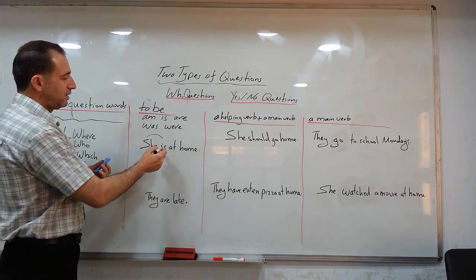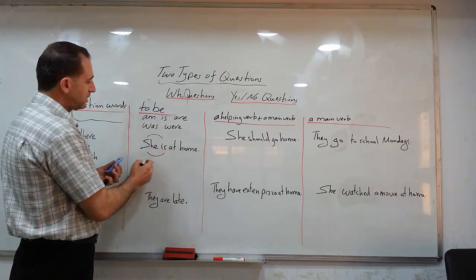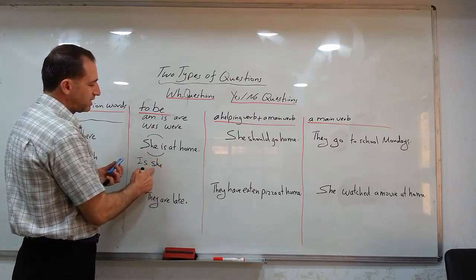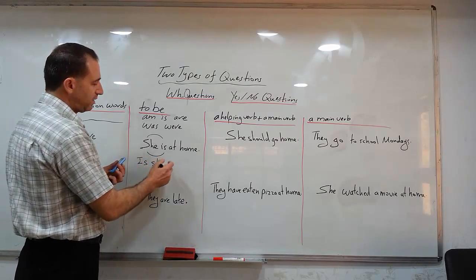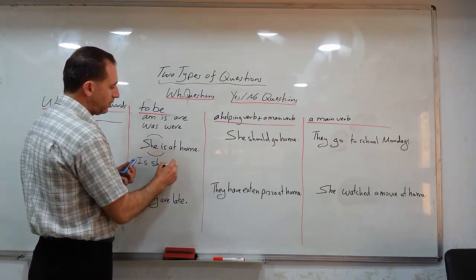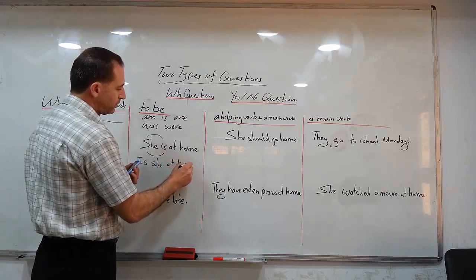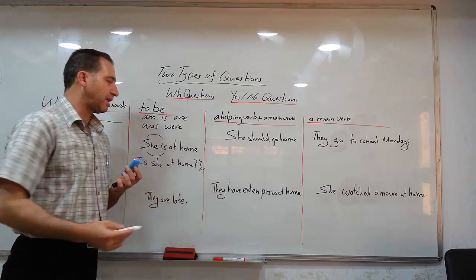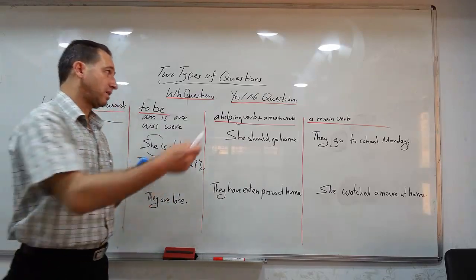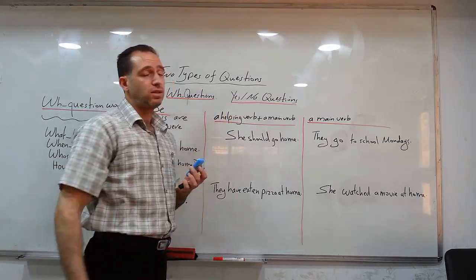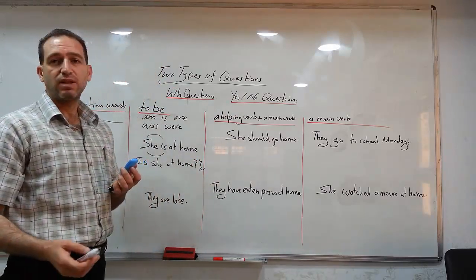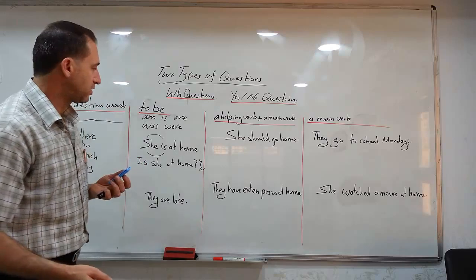You take the verb to be, for example, is, and you put it at the beginning, and then you put the subject, she, and then you continue. Is she at home? Of course, the answer is yes or no. Here, I might have some doubts, so I ask a yes or no question. Or I might be asking for some missing piece of information.